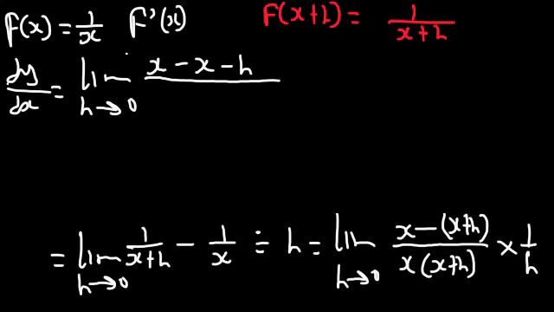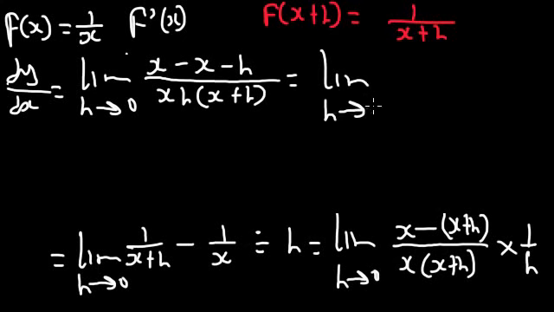I'm not expanding the bracket, I'm just trying to multiply. So I have xh, then x+h. Perfect. Now simplifying forward, we have the limit as h approaches 0. Now notice that this cancels out, negative x, positive x, and left over is negative h over xh, then we have x+h.